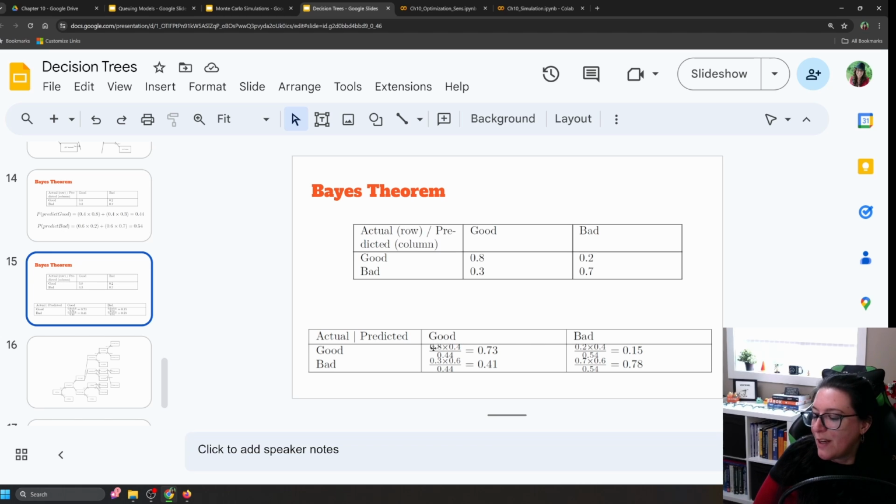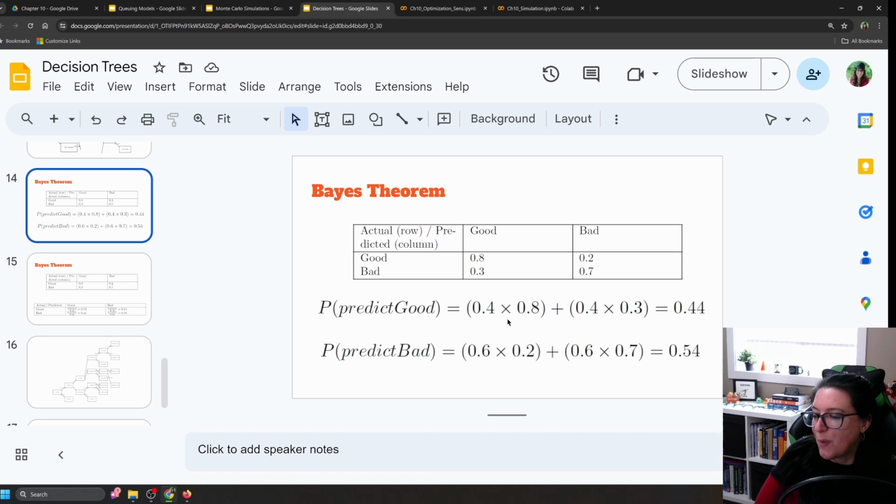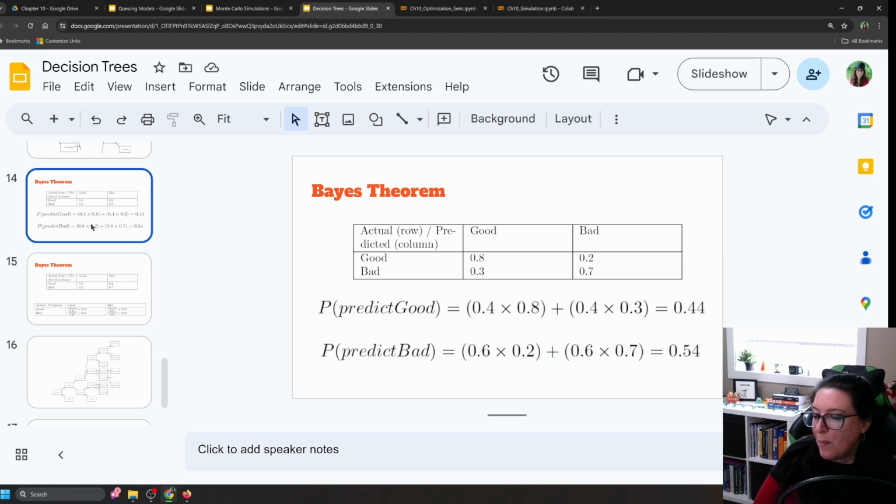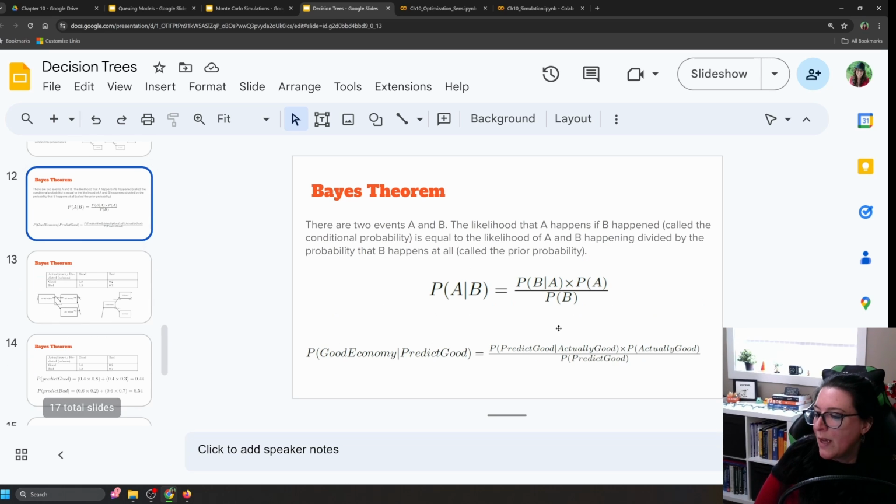We take our 0.8 times 0.4, which is what we calculated for the first part here, and divide that by the probability of them predicting good. We're using Bayes' theorem here, so the probability they predict good is 44%.